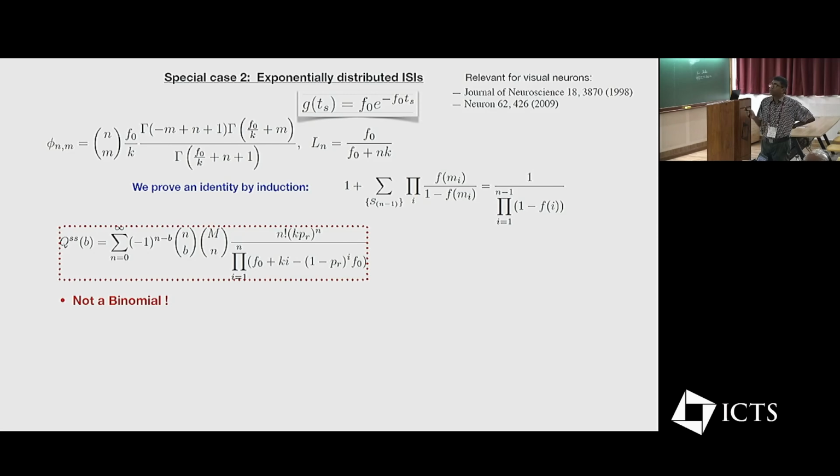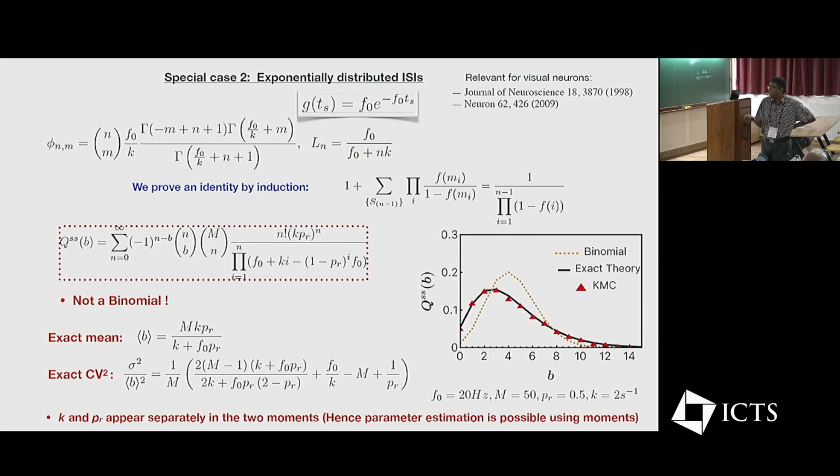So this is one of the central results: it is not fair to assume that it's a binomial distribution at all. This is the exact distribution, and these are the kinetic Monte Carlo. And if one forces a binomial on it by assuming 1 by f naught to be an average time, then that would be the dashed curve, which will go nowhere near this actual curve.